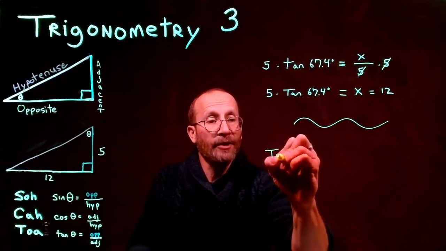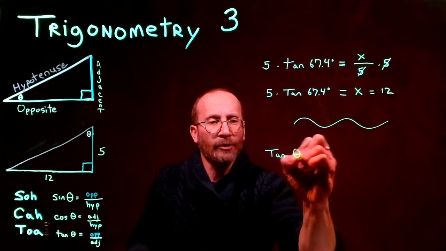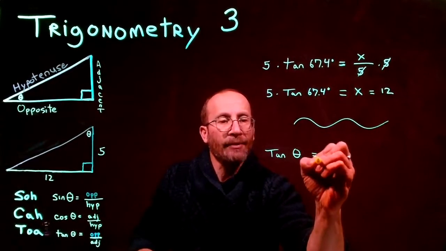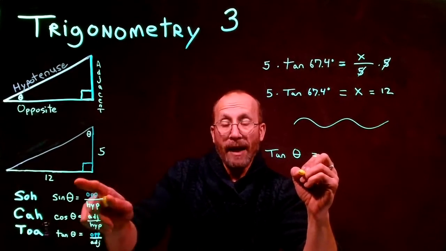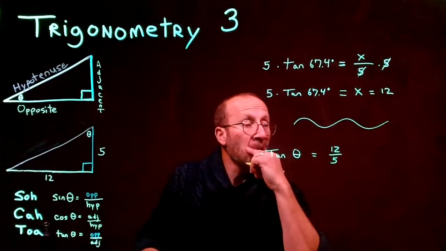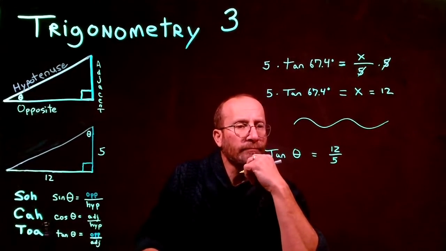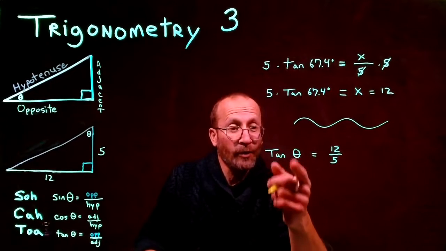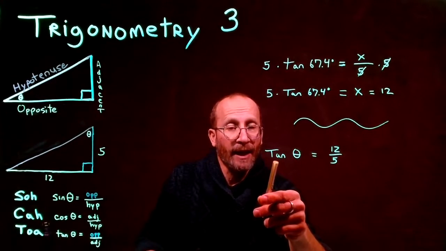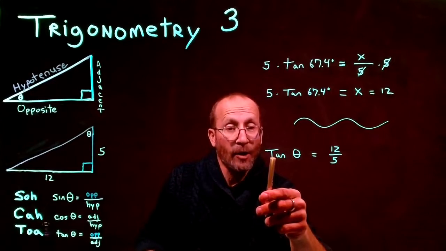I'm going to say the tangent, and I don't know the angle, so I'm just calling this theta. Tangent of theta equals the opposite over the adjacent. The opposite 12 over 5. Now, what I want to know is the angle. I want to know what theta is. So I'm going to have to divide the tangent out to get theta all alone.